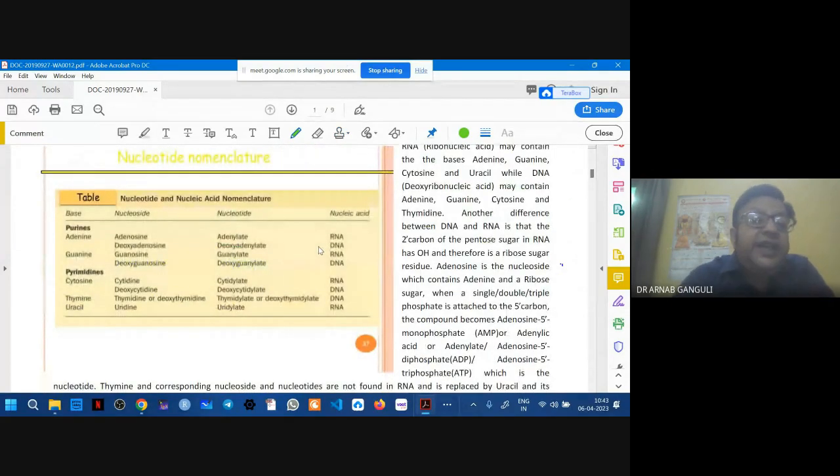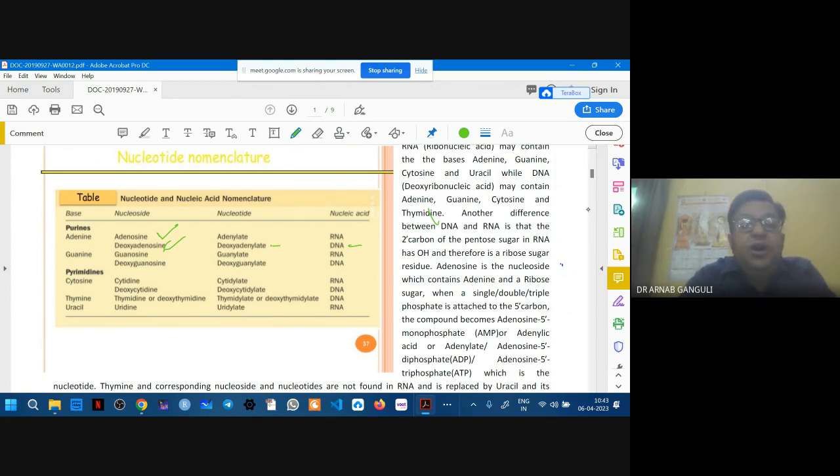So the nucleoside, you will call adenosine, or deoxyadenosine in the case of DNA, and the nucleotide will be deoxyadenylate.